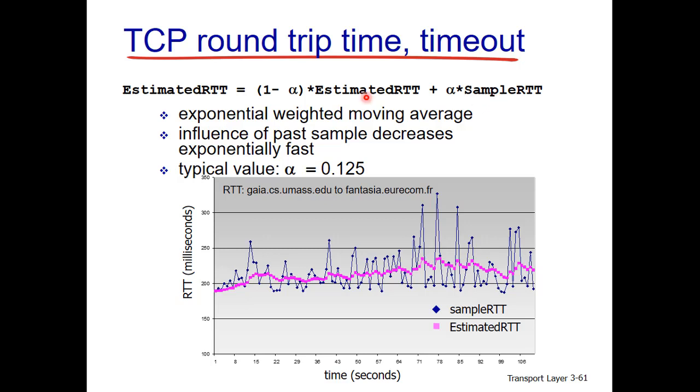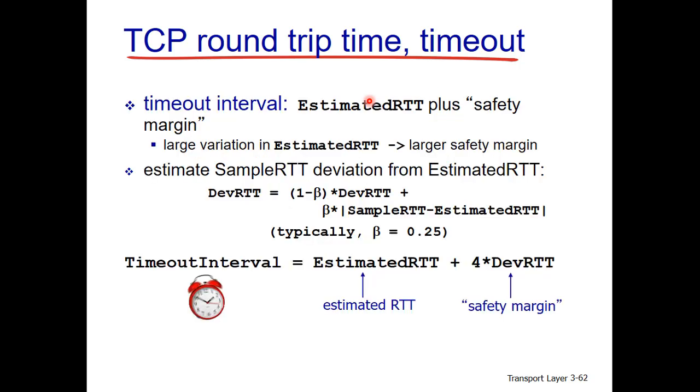Now the timeout interval in actual TCP is estimated RTT plus 4 times the deviation RTT, which is the safety margin, and that reduces retransmissions.